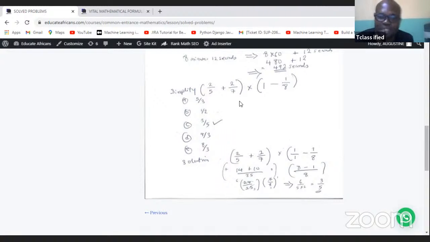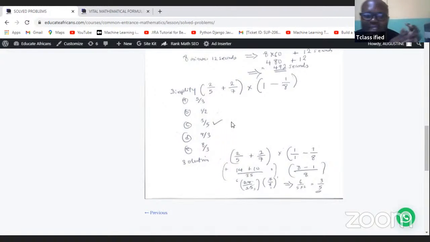Whenever you're given a simplification problem, you always solve the ones inside the bracket first. Finish the one in this bracket, then the one in the other bracket, before you bring them together. Don't go cross solving. Concentrate on one bracket first, then relate the two together.